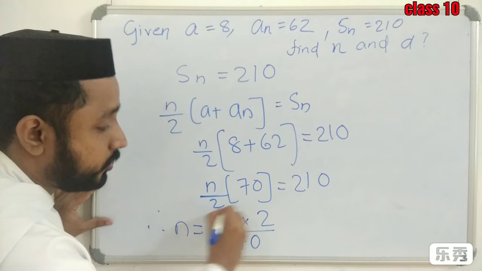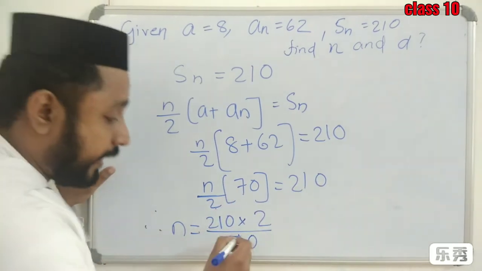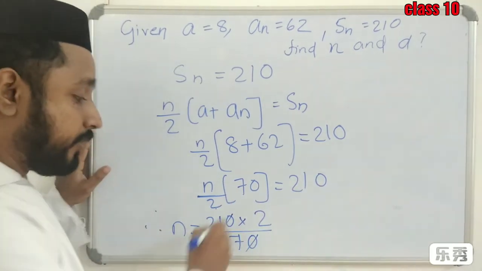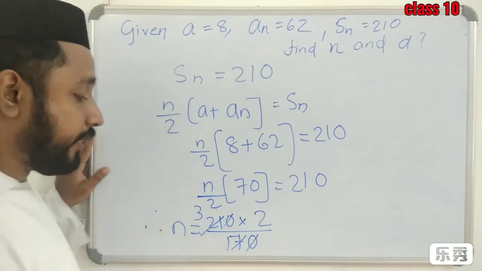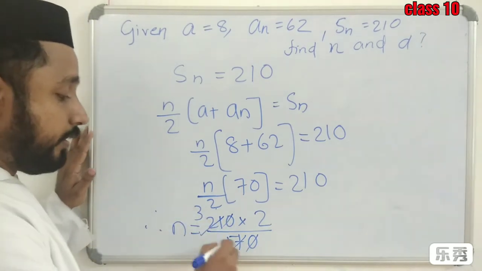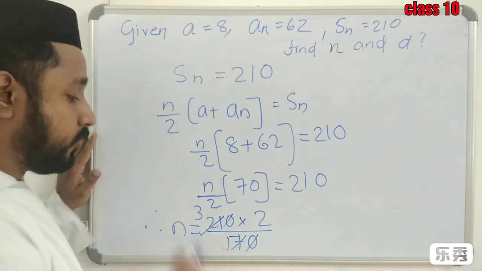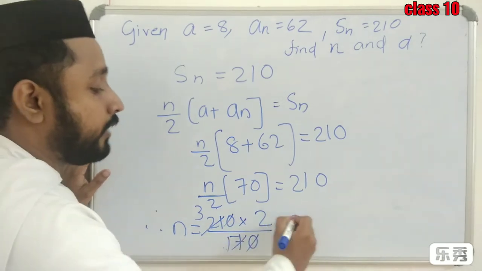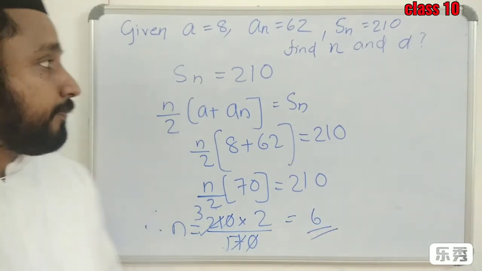Isn't it? 2 in the numerator and 70 will be in the denominator. We can cut 0 and 0, 21 and 7. But here 3, here 1. 3 into 7, 21. So 3, 1. We can cut by 3, 7. So 3 by 1 into 2, that is 3 into 2, 6. We got n is equal to 6.